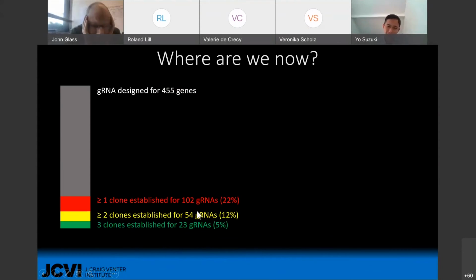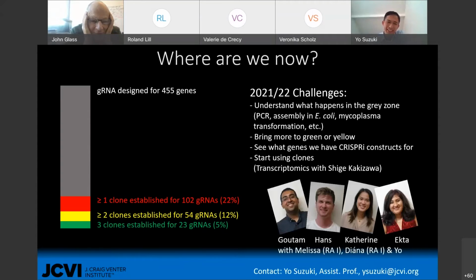So 1 clone established for this many, and then 2 clones established for this many, and so on. So maybe 102 is a nice number, but this looks almost like the start of the project. But this gray area has lots of stories.